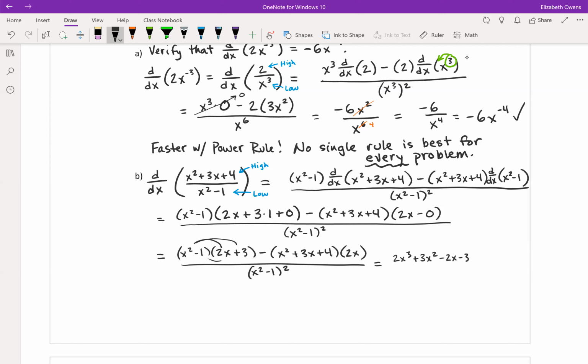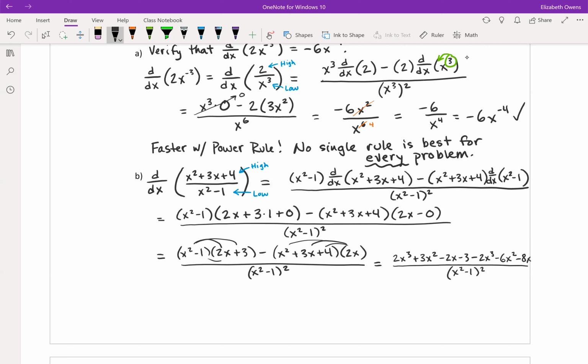And then minus all of this next stuff here, minus 2x cubed minus 6x squared and minus 8x. And why each one of those was minus was because of that negative right there. Okay. And all of that is still over our denominator, x squared minus 1 squared.